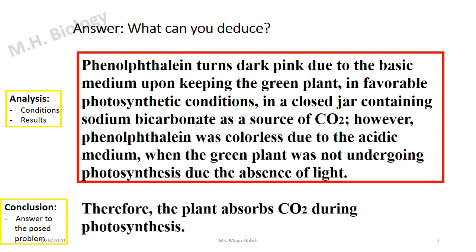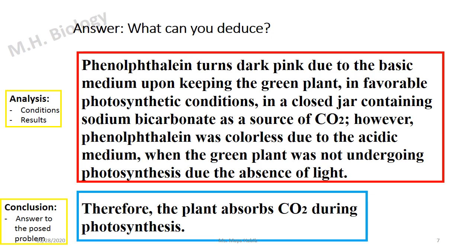However, phenolphthalein was colorless due to the acidic medium, when the green plant was not undergoing photosynthesis due to the absence of light. Such results allowed us to find an answer to the posed problem, which is the conclusion. Therefore, the plant absorbs carbon dioxide during photosynthesis.